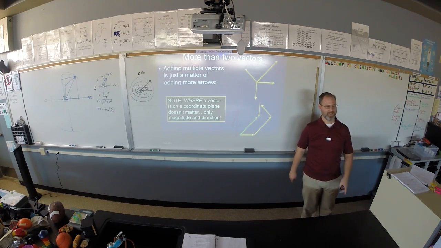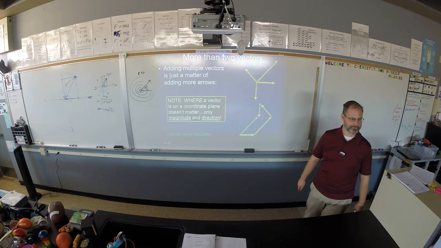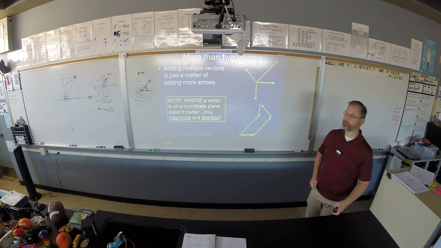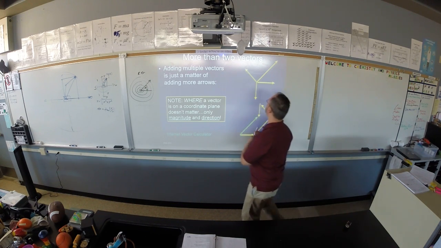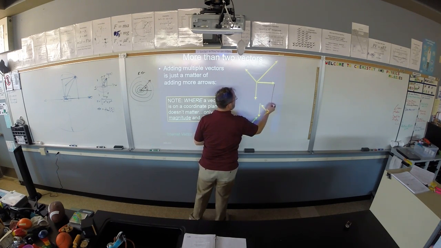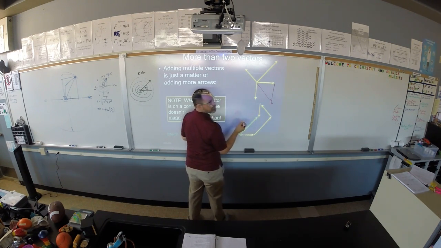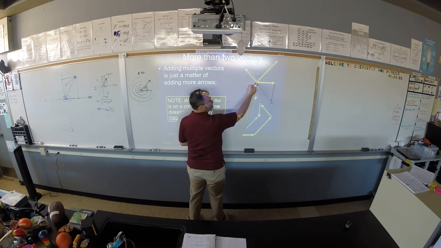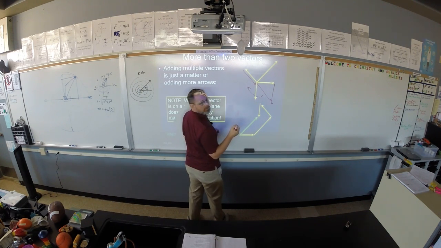Isn't that fun? I don't understand what you mean by canceling vectors. If we have this vector, so I move this vector over, this vector is going to come down, the resultant is going to be like that. Now, if I don't add vectors tail to tail, I add them head to tail, I'm going to move this vector over here, and you're going to have a vector that looks like that.